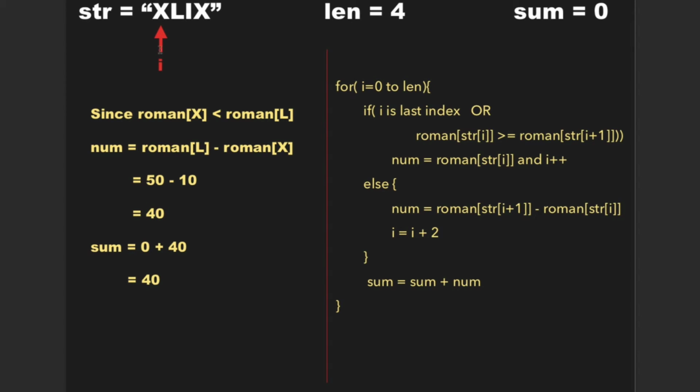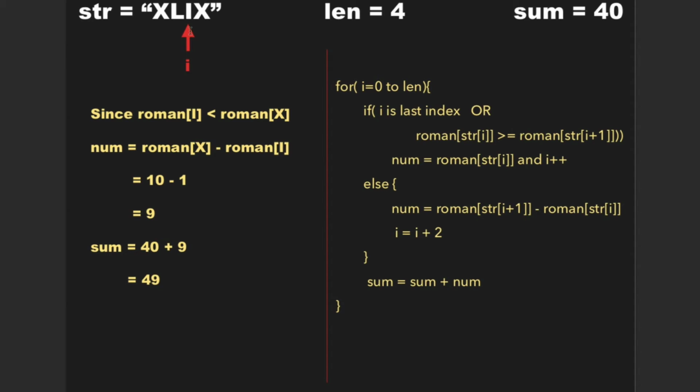Initially, i points to the beginning of the string. Since the value of X is less than the value of L, num is equal to 50 minus 10, which is equal to 40. And finally, we add 40 to sum, which gives the new value of sum as 40. And i increments by 2 positions.